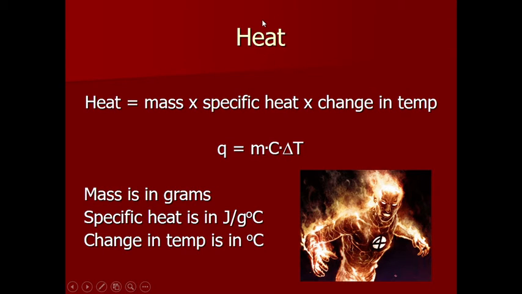In this slide, it is the relationship of heat. Heat equals mass multiplied by specific heat multiplied by change in temperature.